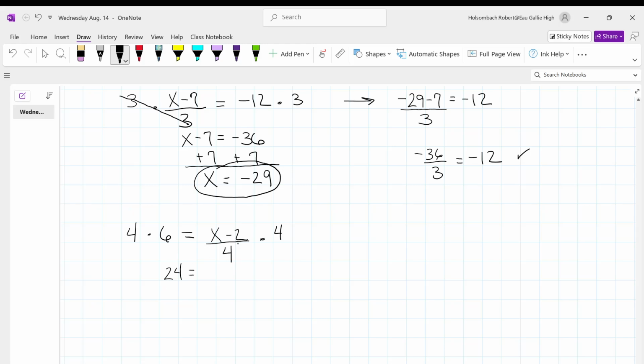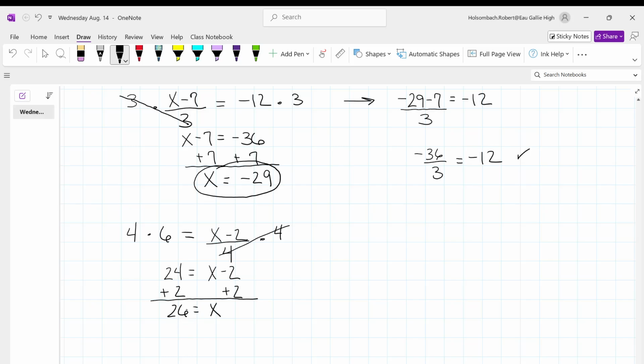And it's equal to, on the right-hand side, these two 4s cancel. So the only thing left is the x minus 2. And then you can add 2 to each side. So 26 is equal to x.